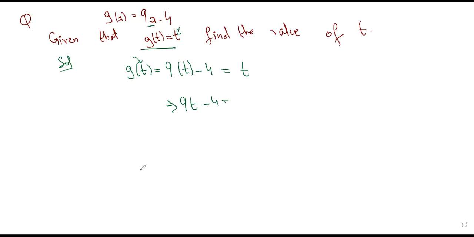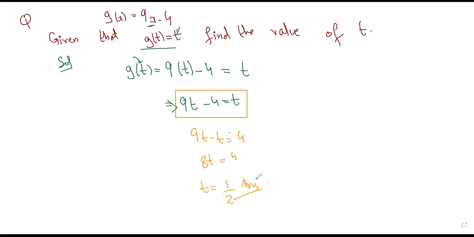So I will make t the subject, and I am going to get 9t minus t equals 4, 8t equals 4, and t is 1 by 2. So this is the answer. Turhan, did you understand this? Yes. Okay.